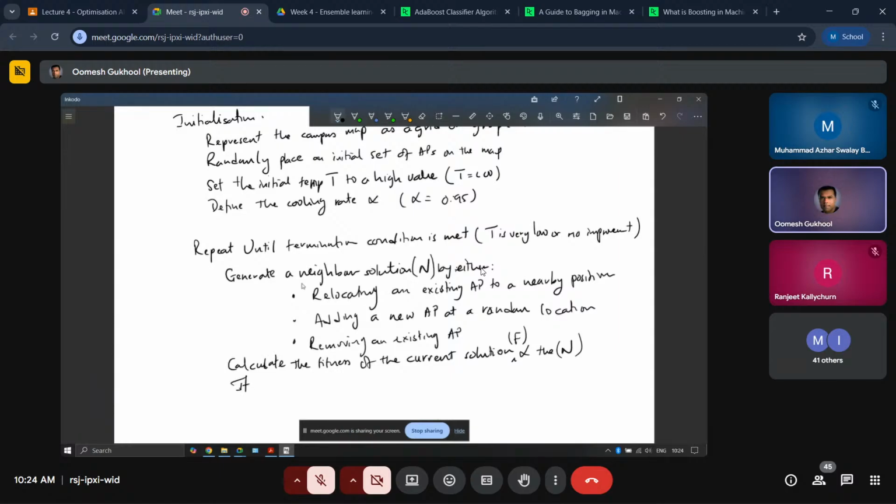If N is greater than F, accept N. If N is less than or equal to F, accept N with, this is what the algorithm says, probability e to the power of (N minus F) divided by T. I hope I'm getting this equation correctly.